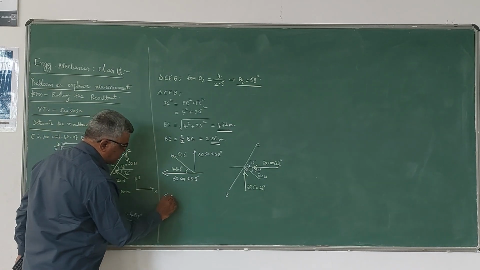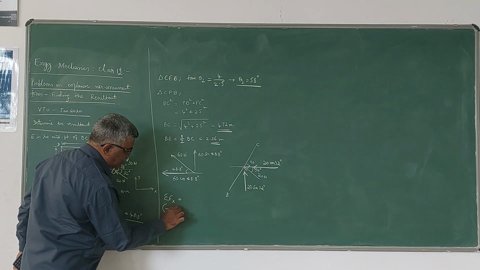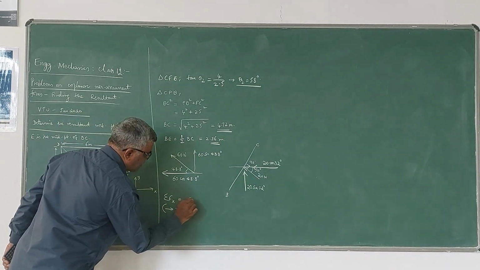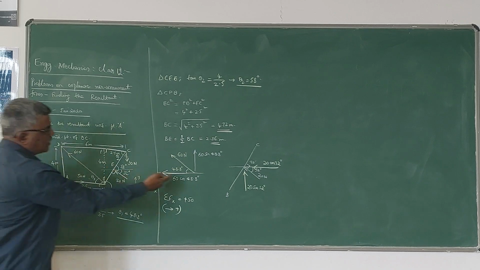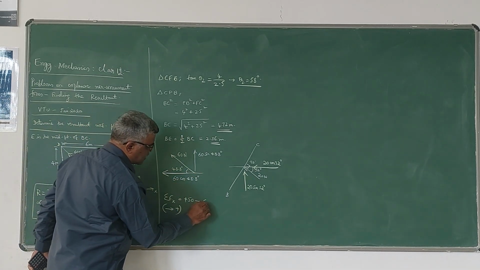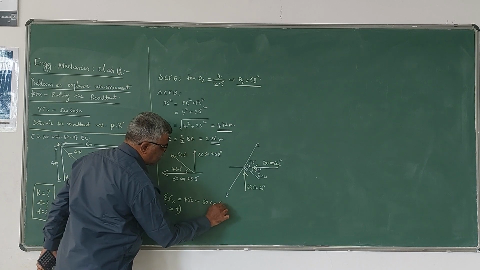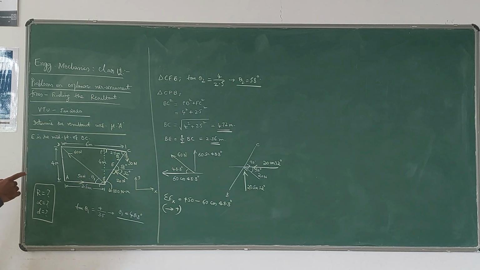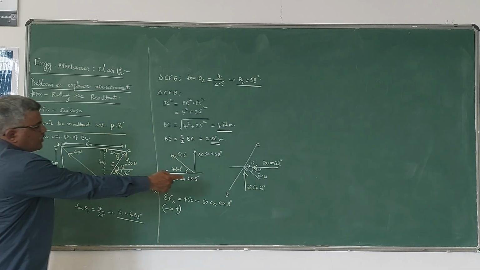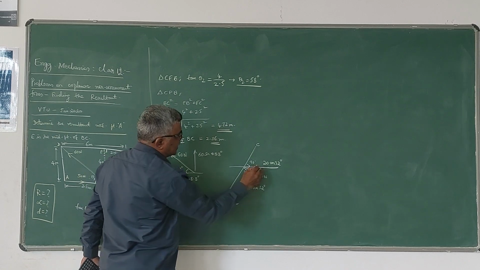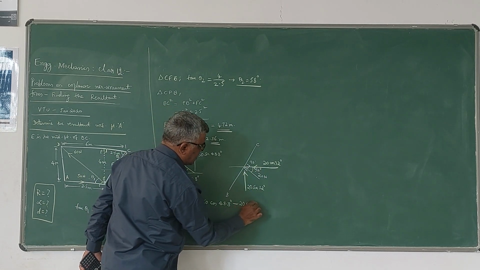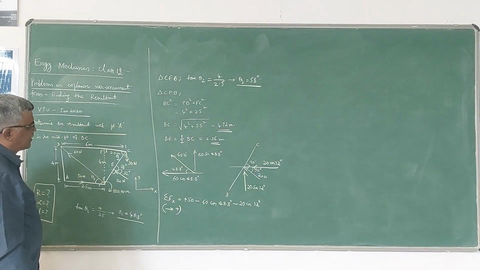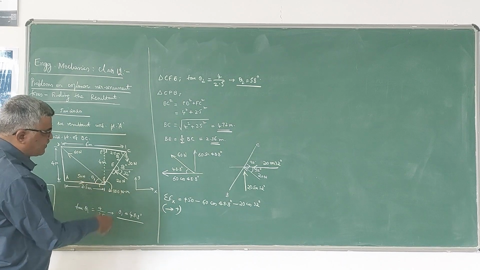Now we will write sigma Fx for the entire system, taking forces acting towards right positive, left negative. 50 Newton is positive, so it is plus 50. Then 60 Newton, of course, is negative, acting towards left: minus 60 cos 48.8 degrees. Then this component is also negative, acting towards left: minus 20 cos 32 degrees. This moment you should not consider when you are writing sigma Fx and sigma Fy.